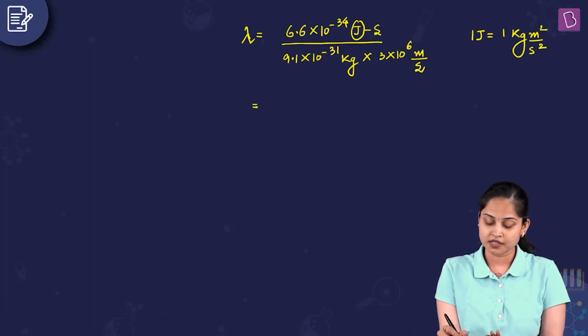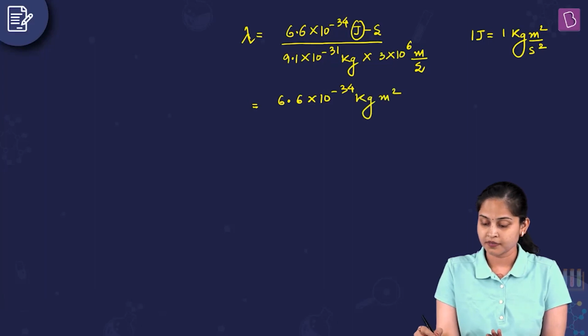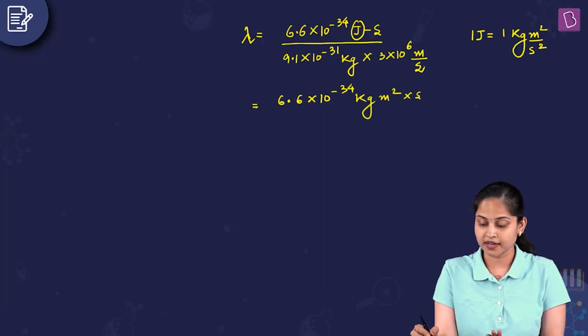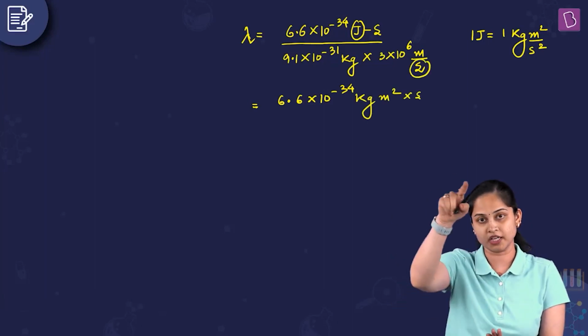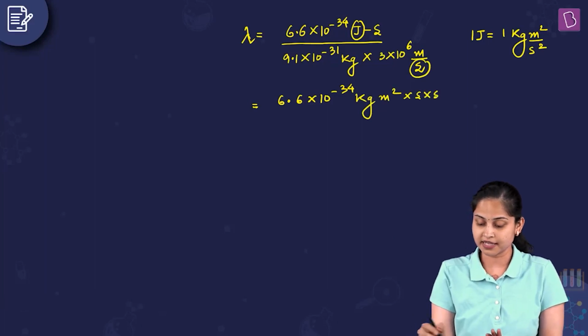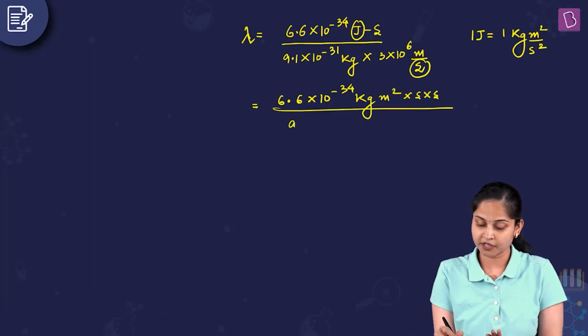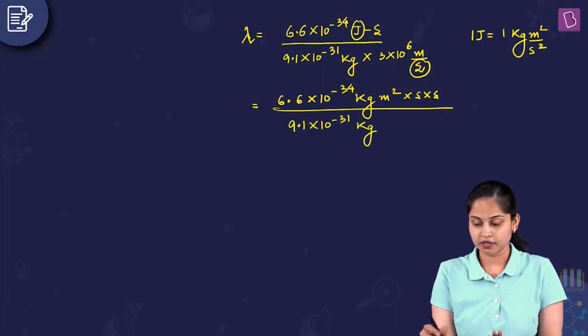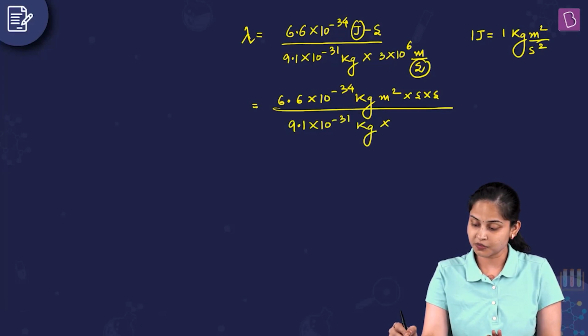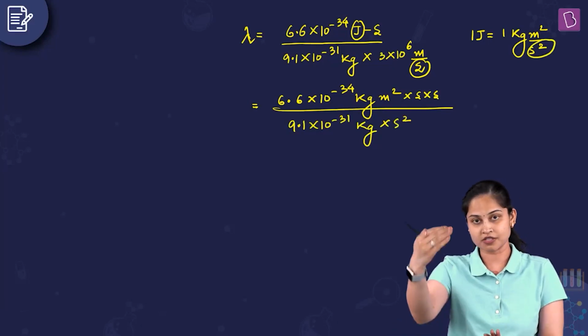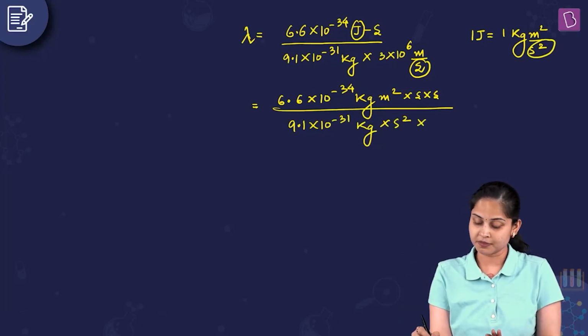So it means it is 6.6 into 10 raised to power minus 34 kg meter square multiplied by second over here, and now this particular second will go in the numerator. So multiplied by second divided by 9.1 into 10 raised to power minus 31 kg, multiplied by this second square, because now it's in the denominator, multiplied by 3 into 10 raised to power 6 meters.